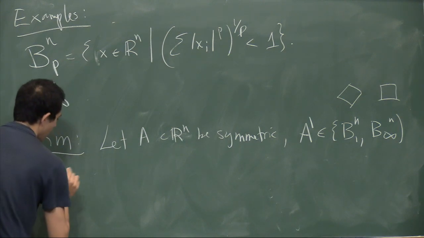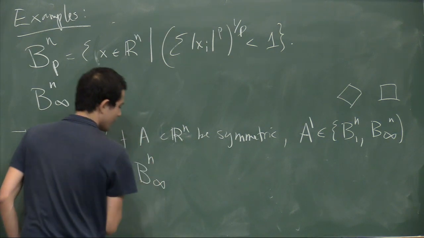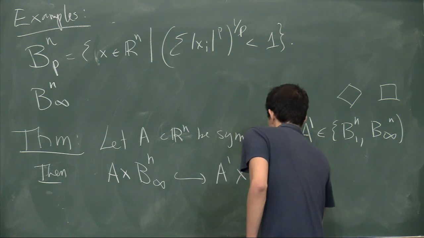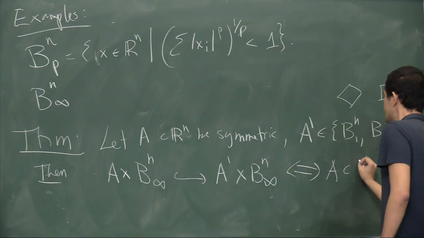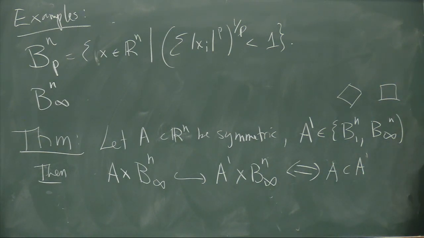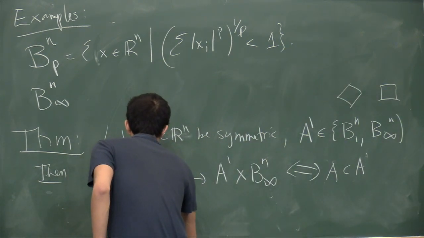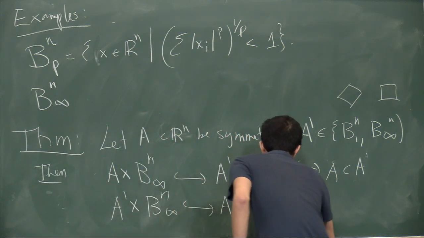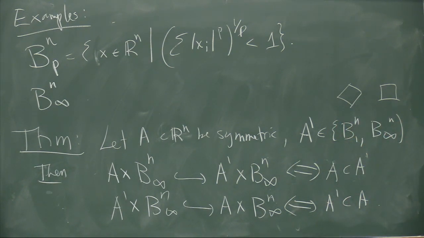Then, if I take the Lagrangian product of A with the cube, and I try to embed it into the Lagrangian product of A prime with the cube, this happens if and only if A is contained in A prime. And also if you do A prime into A. Let me write this, and I'll explain. So this is the family of Lagrangian embeddings that we're looking at.